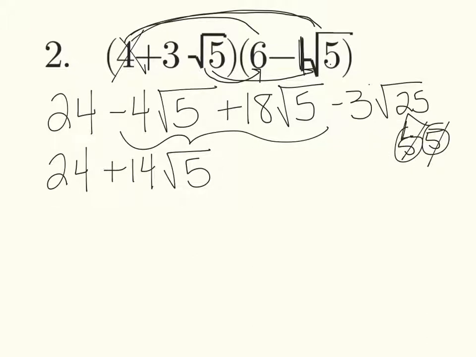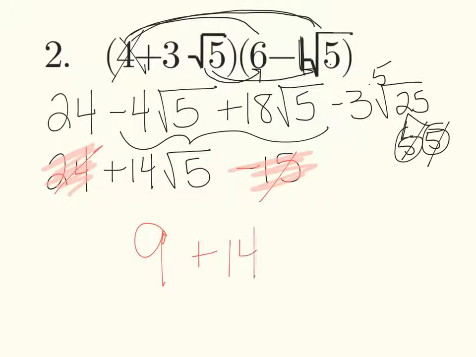So I have a pair of 5's, so I'm going to bring it out, and that gives me negative 15, okay, because negative 3 times 5. Now I still have these can still combine, okay? This will almost happen every single time. So 24 minus 15 is 9. Okay, that gets rid of those, plus 14 square root of 5, and that's my answer.